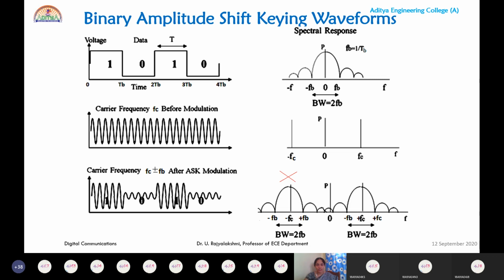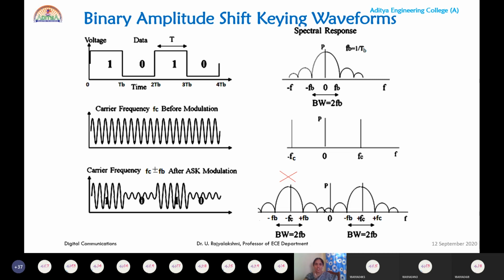Here we represented fc as greater than fb from the center location, that is from 0. fb is nearer to 0 and fc is somewhat greater than fb. That's why, while representing the carrier, please represent fc far greater than fb. These two are the inputs, and in time you are applying them via the multiplier.